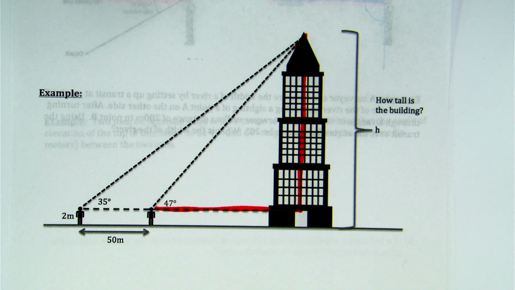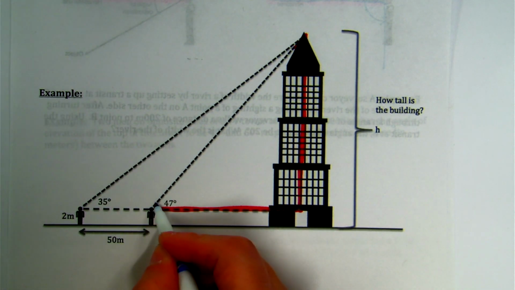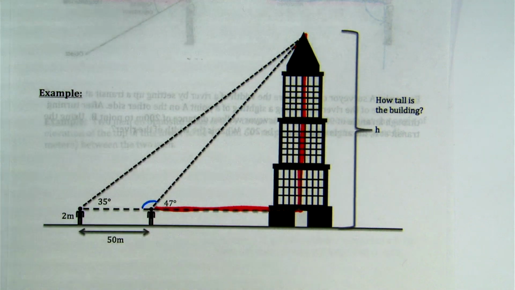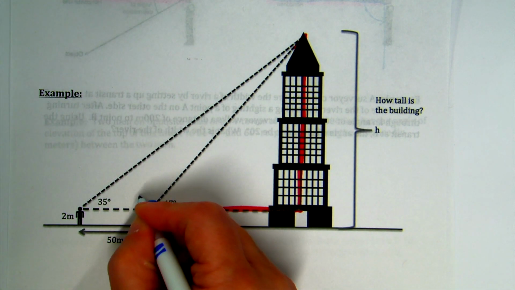Can I come up with the angle measure that's right there? Because that's from geometry, right? Straight line, 180 degrees minus 47. 180 minus 47, so 133. So this angle down here is 133.